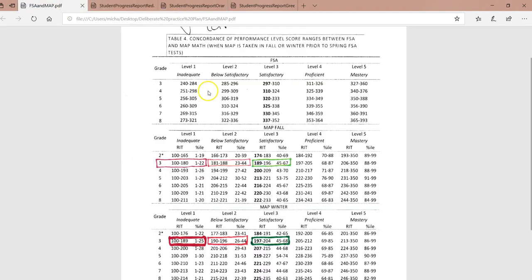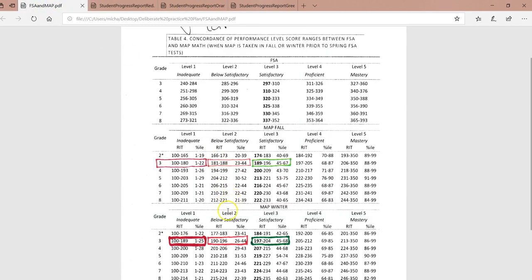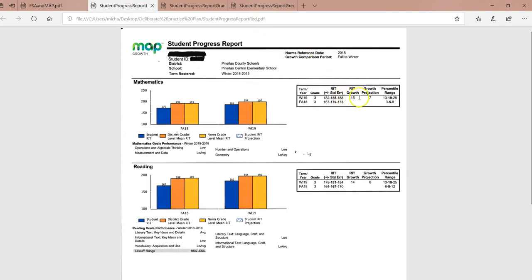Again, if I look at my performance level ranges, we went from 5th to the 19th. So even though this student still falls within the level 1, it is still showing growth.